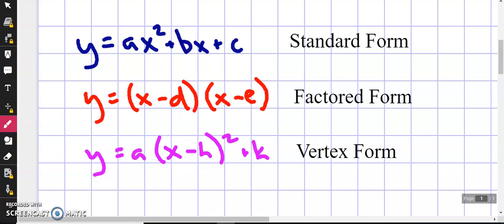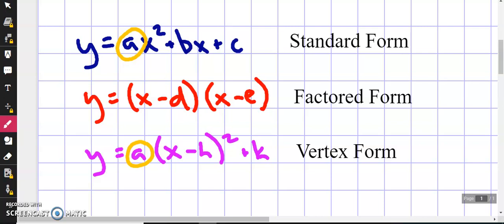The first thing I want you to notice is that the letter a here is the same, and so that represents the same number in both forms. So if my x squared has a number in front of it in standard form, that same number is going to be in front of the parentheses when we convert it into vertex form.